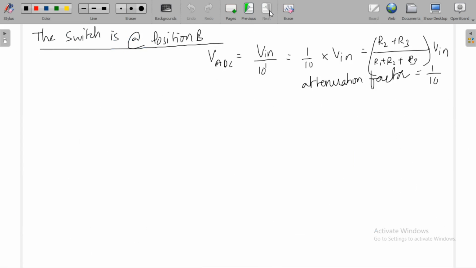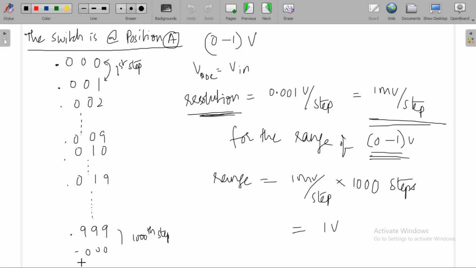So you're going to have 3 full digits, with the point before this digit for selecting the range of 0 to 10 volts. Here the initial voltage is 0.000 and the final voltage is 0.999.